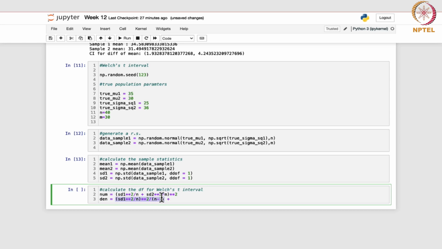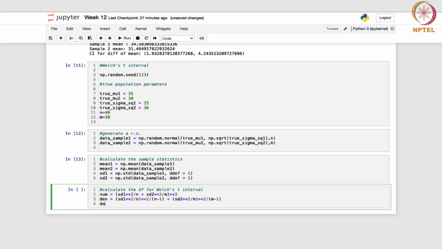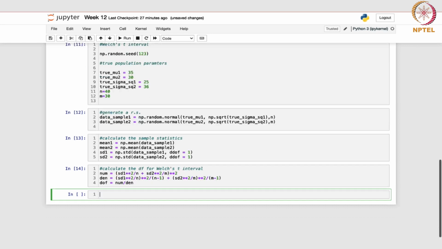So it would be sd2, sy square divided by m whole square divided by m minus 1. So the degrees of freedom, that is DOF, in this case would be numerator divided by denominator. So this is basically your R.